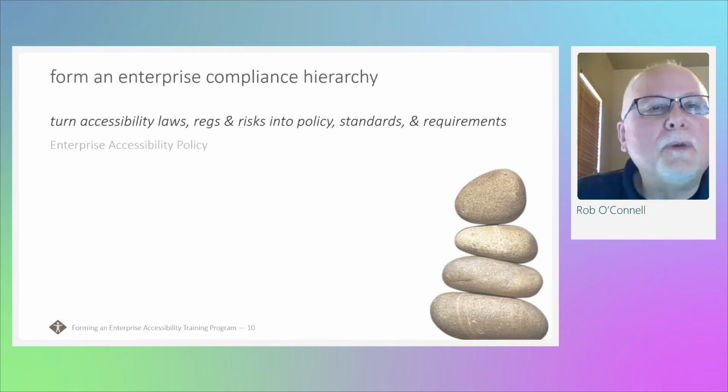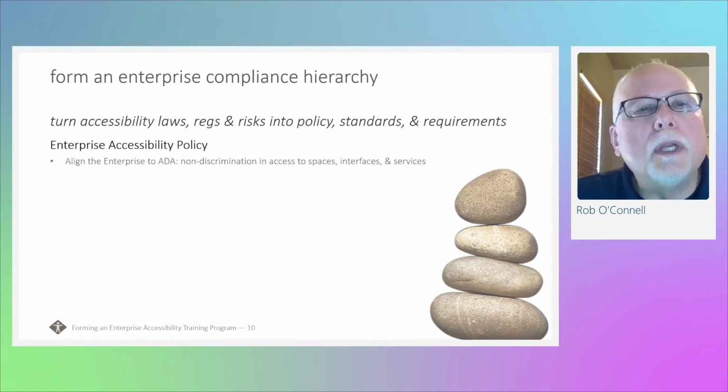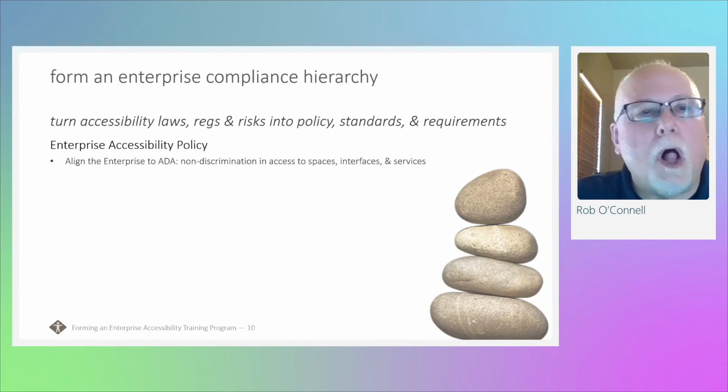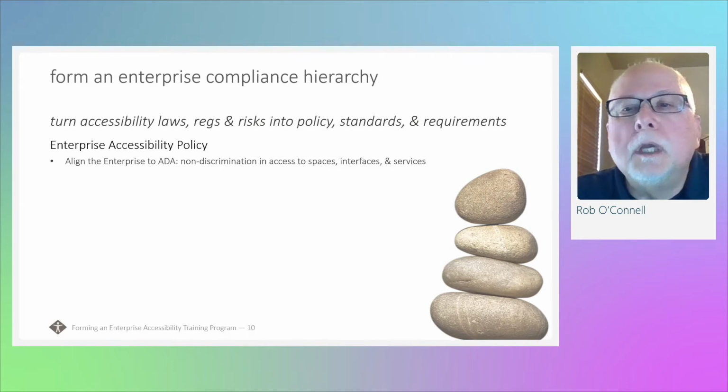And the reason we don't is we now have a company-wide accessibility policy. And putting that policy in place was like, watch the dominoes fall. Because once you have executive endorsement at a corporate level, and it aligns to the Americans with Disabilities Act about non-discrimination, everything then flows from that.